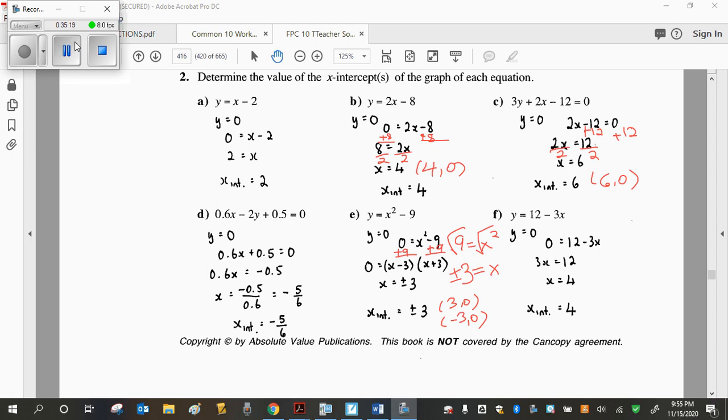Okay, here are the answers. I showed my work, and 4, 0 is hopefully what you got. Robin, 6, 0 hopefully is what you got, Willie. And Mo, hopefully you remember that's the square root of 9 equals positive negative 3. This is what's happening coming in grade 11.